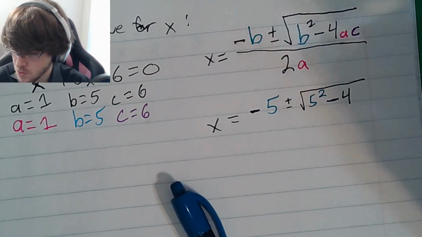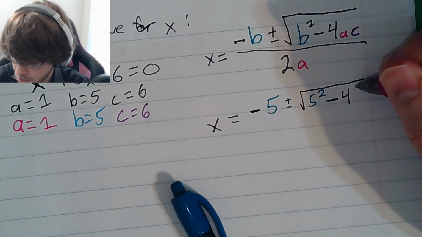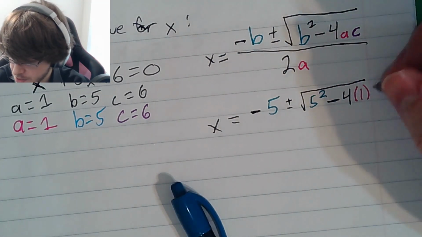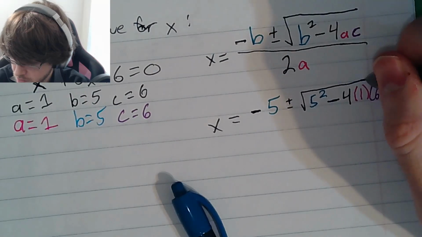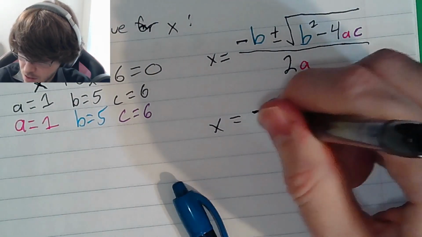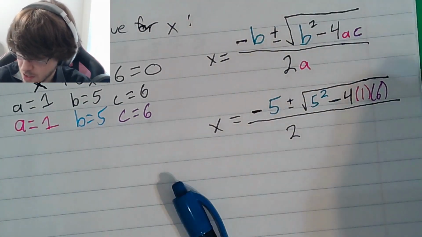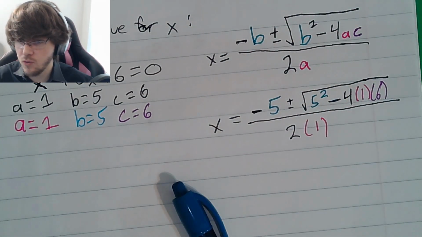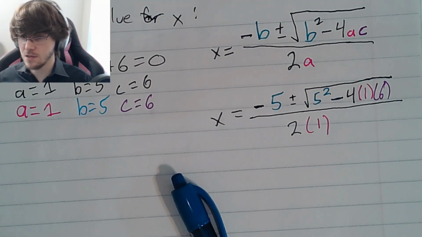And this is where the parentheses really do come into play because the written numbers are right next to each other. So we got 4 times 1. And then the purple guy is 6. My square root was not long enough. All divided by 2 multiplied by 1. Whew! All right, so we finally plugged everything in.